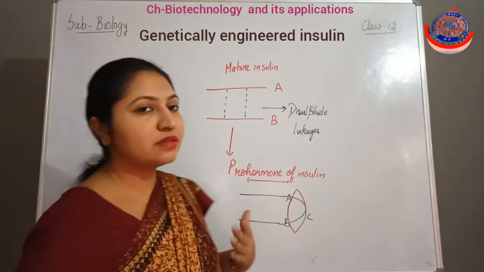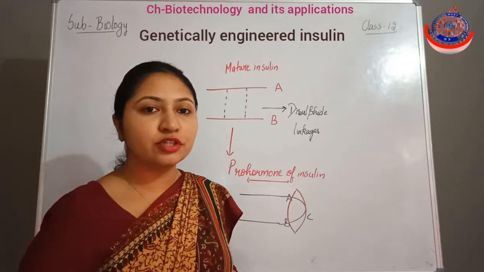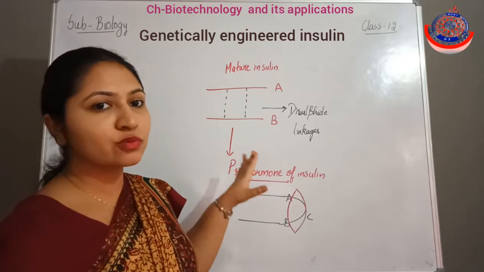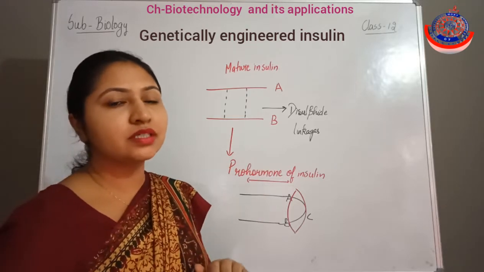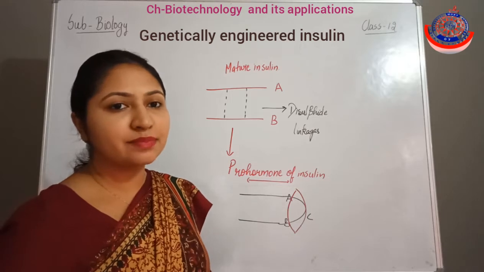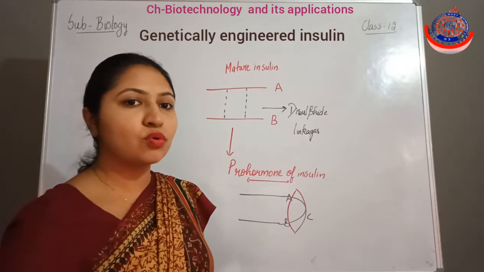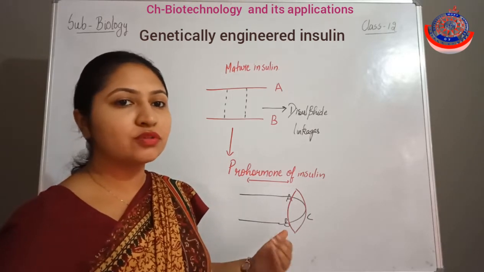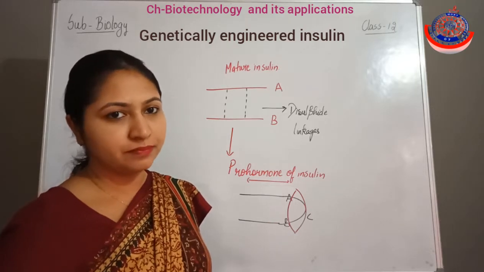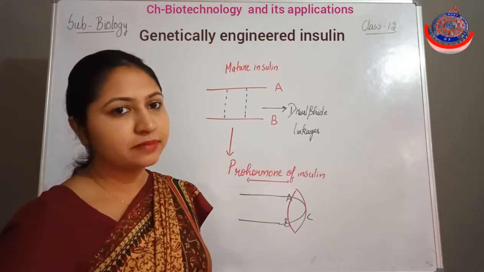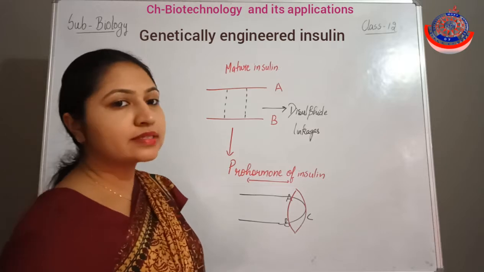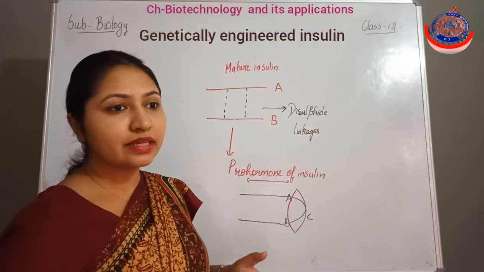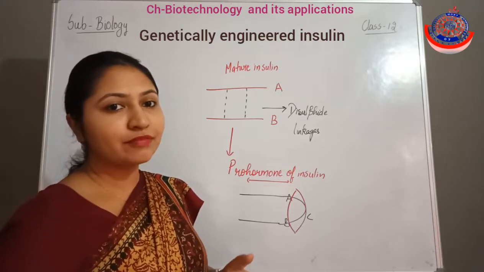Now how is insulin produced? If the insulin gene is added in the plasmid and then inserted in the host cell, it produces the insulin hormone. So next, what has the Eli Lilly company done?